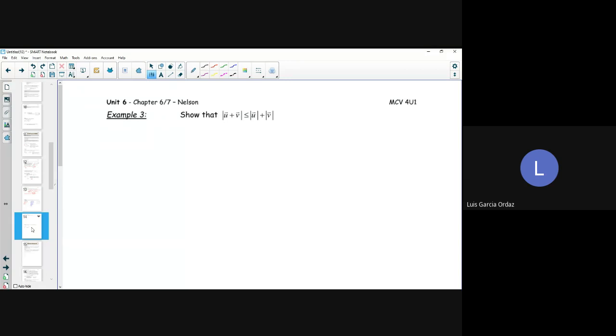So I have to split this up into two cases. Case 1, I'm going to use the triangle inequality theorem.